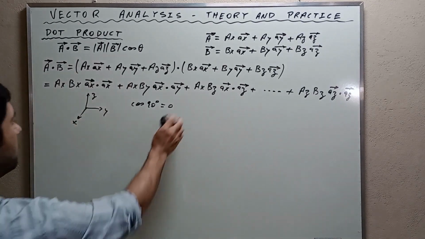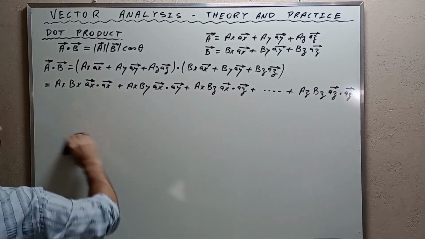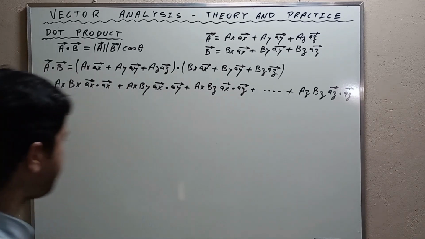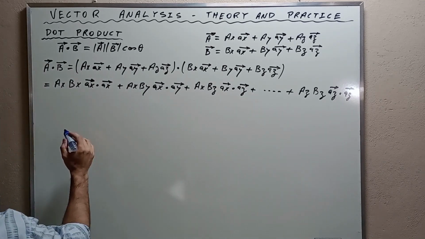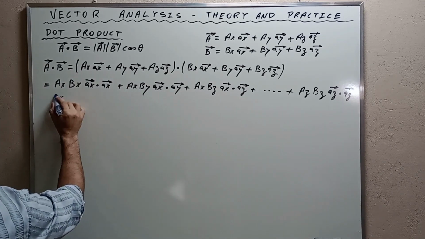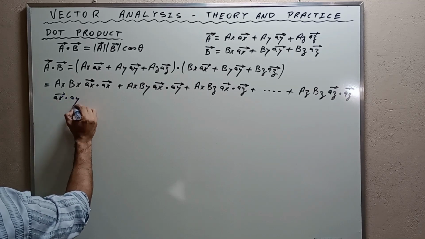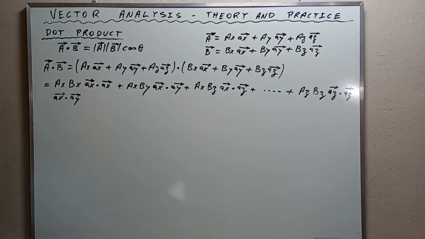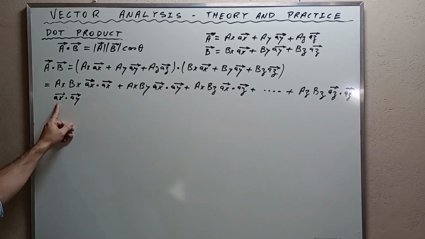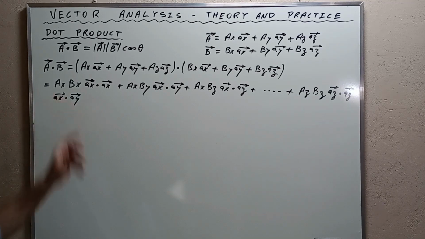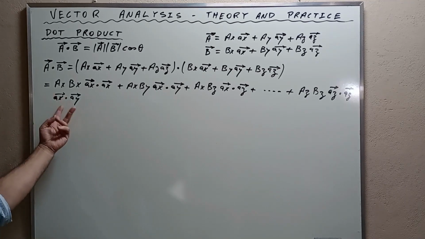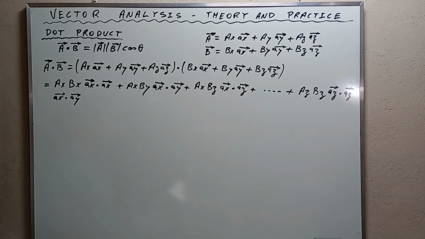We understand that AX in a dot product with AY is equal to AY in a dot product with AX. If we change the position, it's going to be the same.